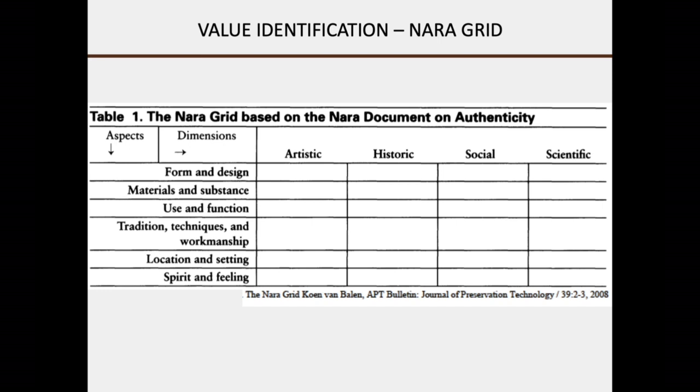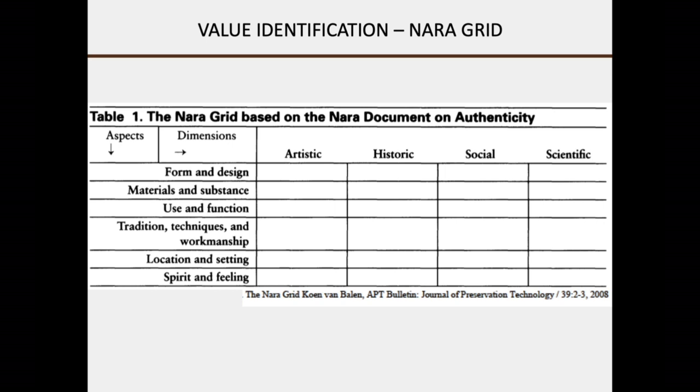In order to include this broad understanding of heritage values, the Raymond Lemaire International Centre for Conservation at Leuven University developed a grid-based approach to evaluate values based on Article 13 of the Nara Document on Authenticity.